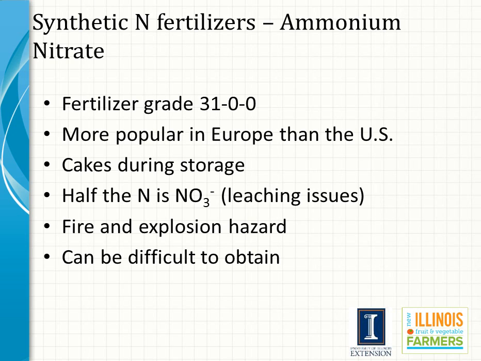Ammonium nitrate is a popular nitrogen fertilizer, more so in Europe than the US. It has a lower nitrogen content than urea, and half the applied nitrogen is in the nitrate form, which can lead to leaching losses. It can be used in the manufacture of explosives, which makes obtaining the material difficult. The compound is well known to form hard cakes upon storage and can make it difficult to apply.